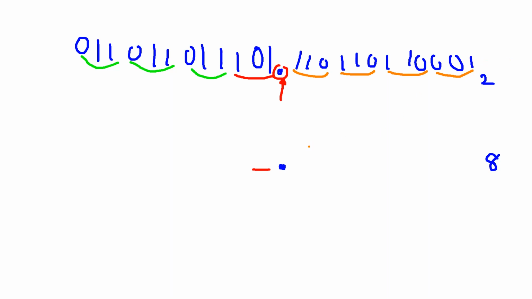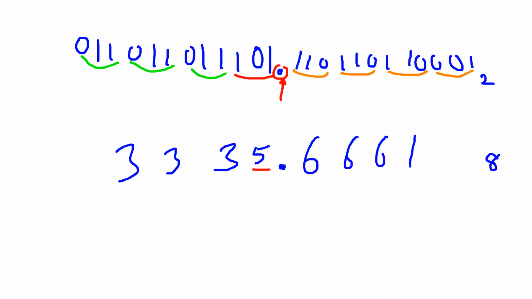Now can you convert? 101 is 5, right? 011 is 3, 3 and 3. For this one, 110 is 6, 110 is 6, 001 is 1. That's all. You can convert binary to radix 8 easily.